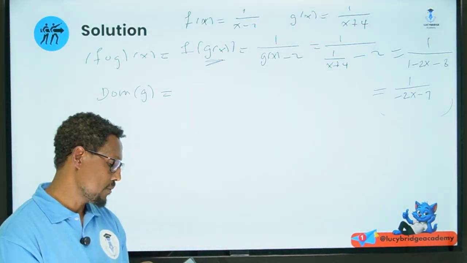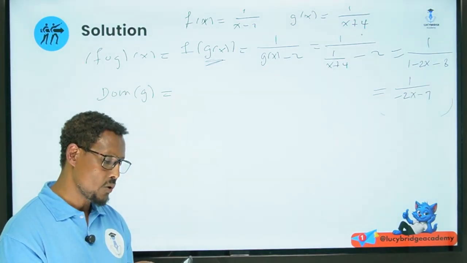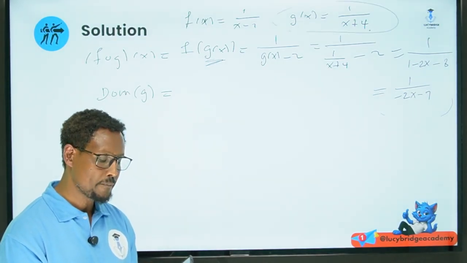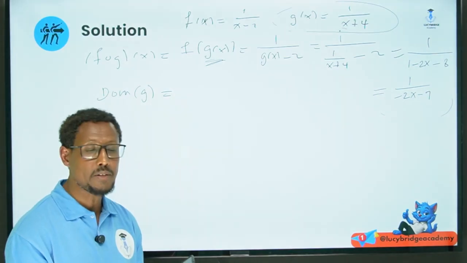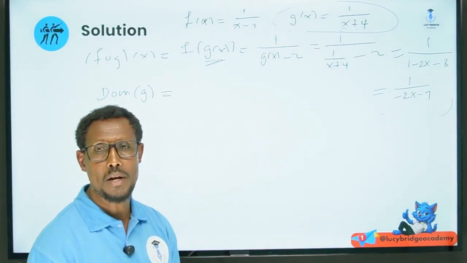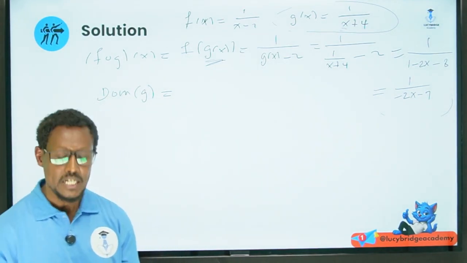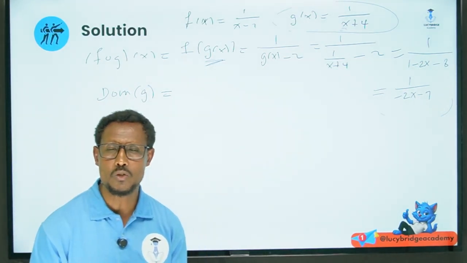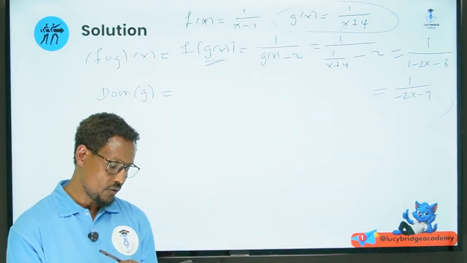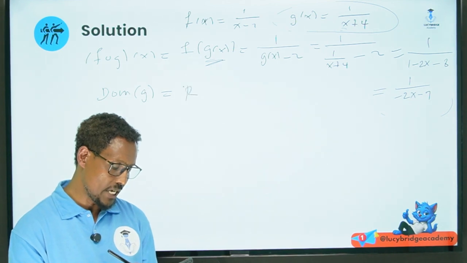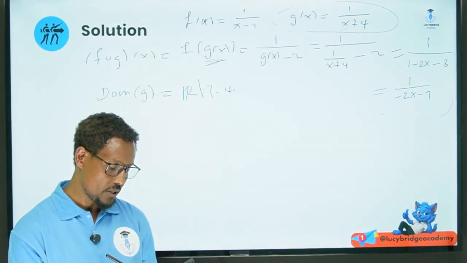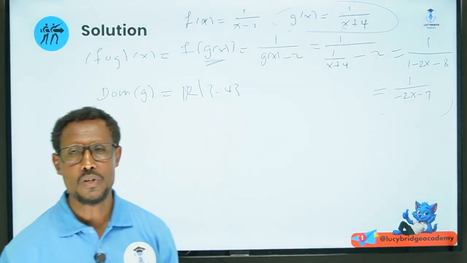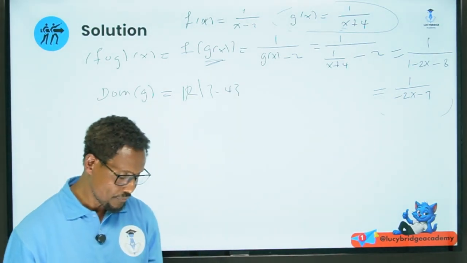The inner function domain means the domain of g. If you put negative 4 in place of x, negative 4 plus 4 is 0, and 1 over 0 is undefined. That means negative 4 is not in the domain of g. The domain of g is the set of all real numbers except minus 4.